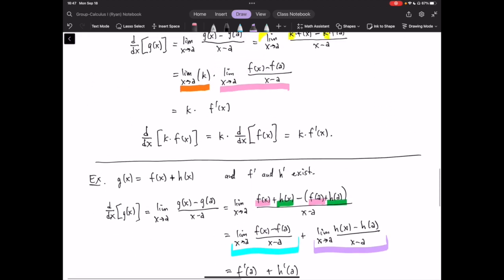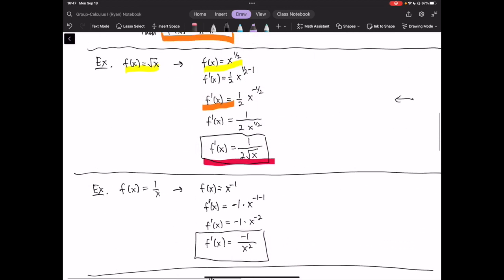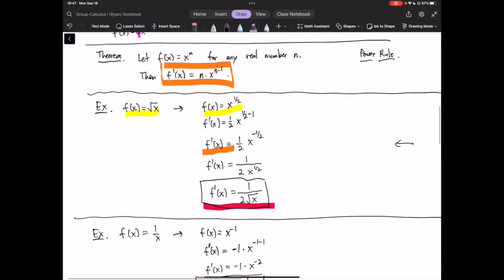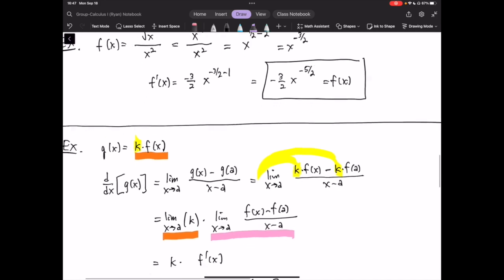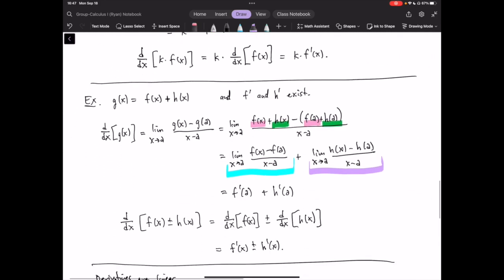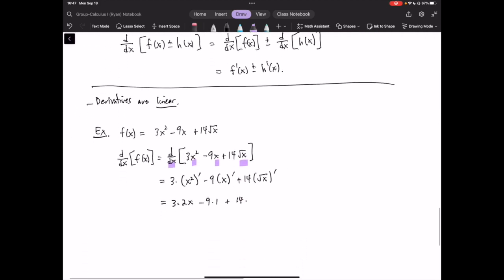So let me scroll up; it's an advantage of keeping my notes here. The derivative of the square root of x is 1 over 2 square roots of x. We found that in this example here. So going back to our current example, we can just write that down and take advantage of that: 1 over 2 square roots of x.